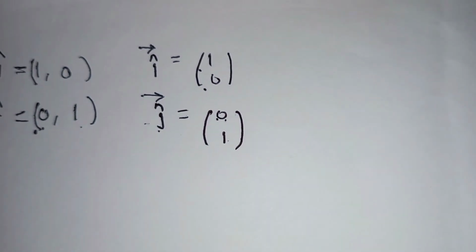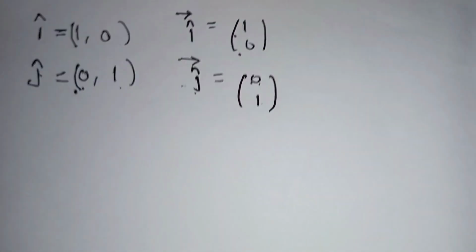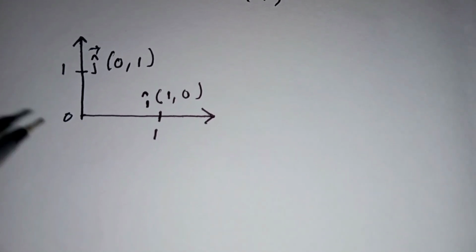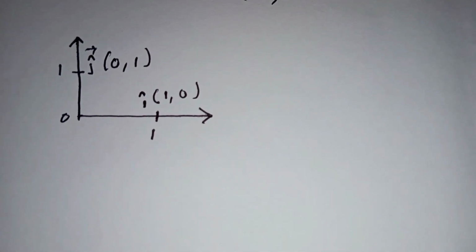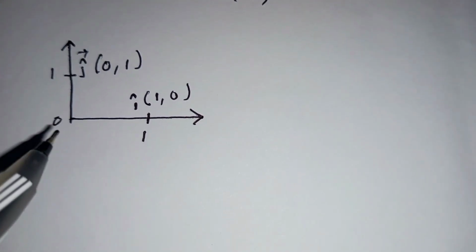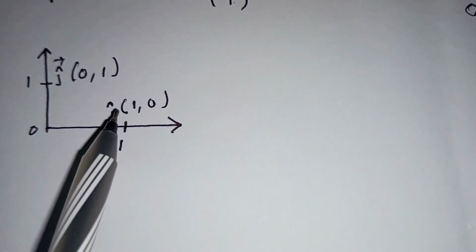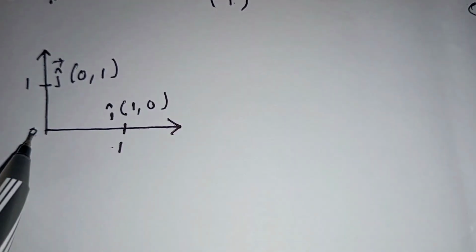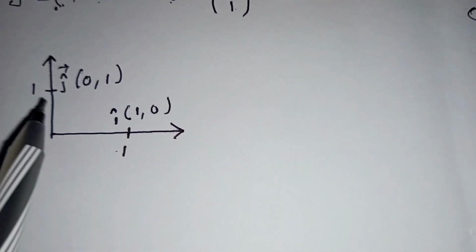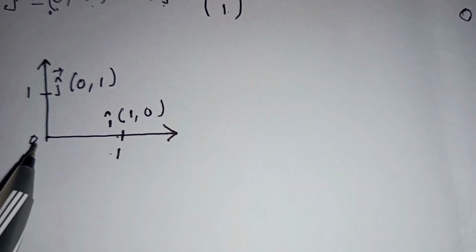So on a Cartesian plane, the unit vectors are represented as shown below. The plane has the x-axis and the y-axis. We represent the unit vector as i, whereby the component is 1 step from the origin along the x-axis, and 0 along the y-axis.